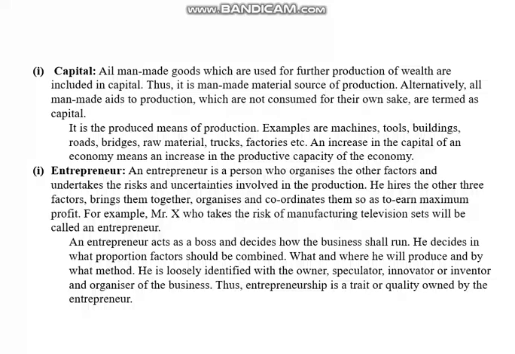Now the fourth factor of production is the entrepreneur. You see, this is a French word which should be pronounced as entrepreneur, not entrepreneur. Okay, anyway, in India that is also accepted because we are not native speakers, so we have our own accent, so no problem if you pronounce it that way also.